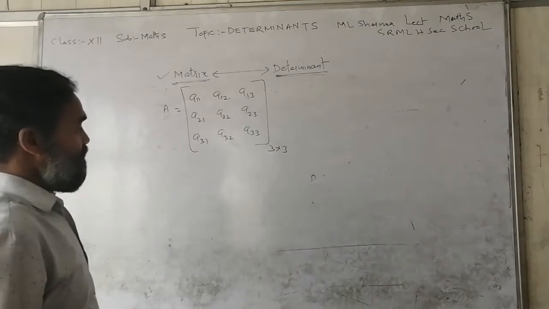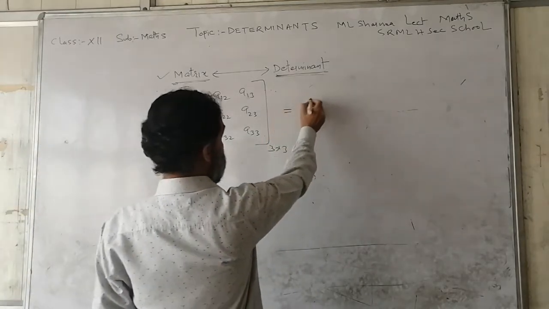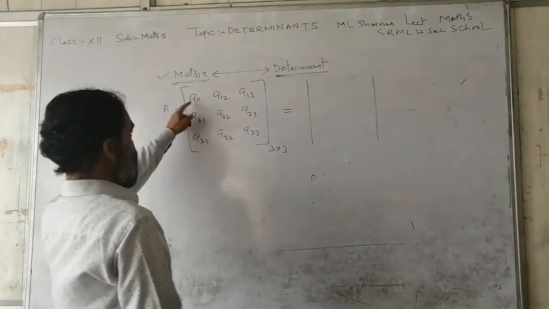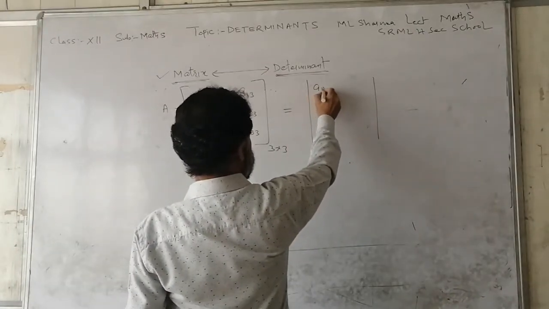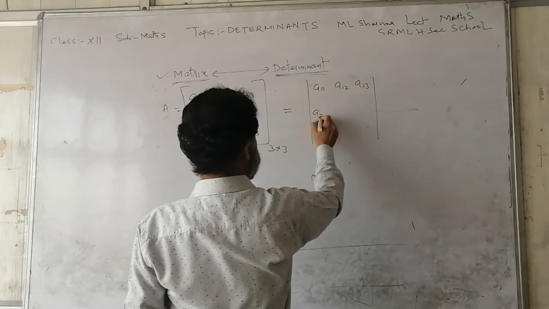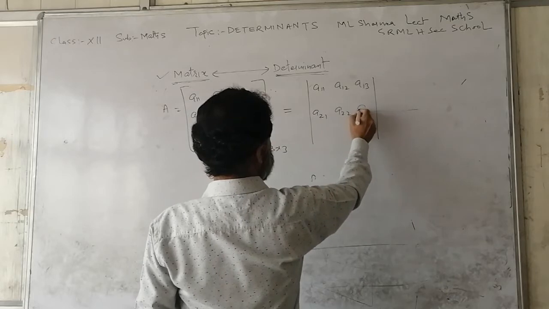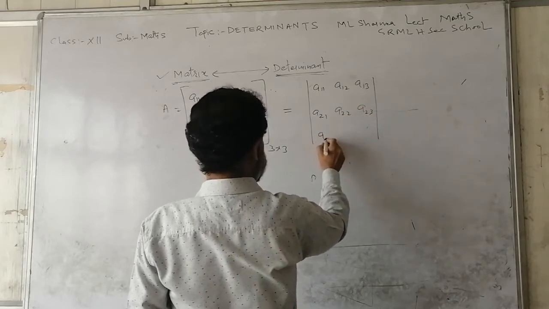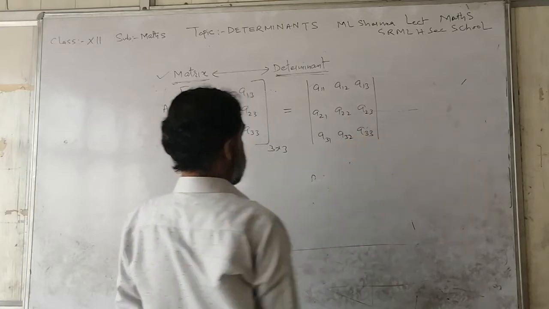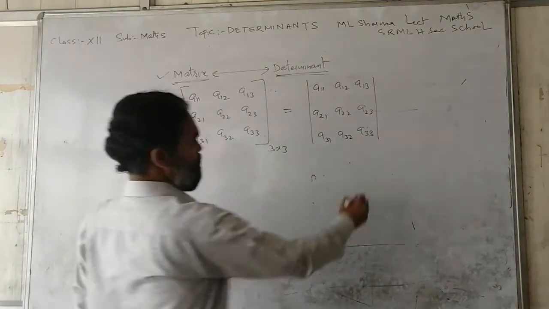So this is a 3 by 3 matrix and its determinant is equal to the same elements, which is also 3 by 3.